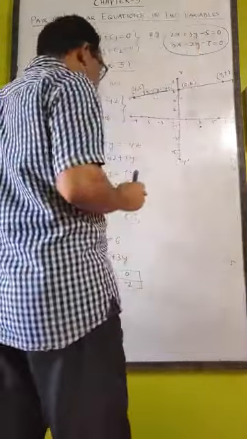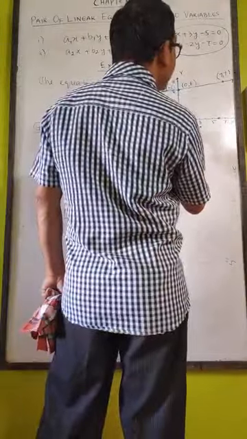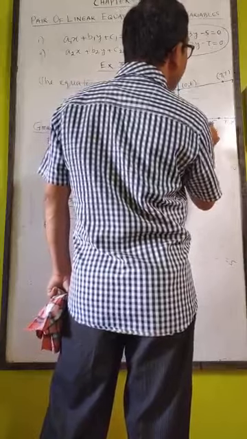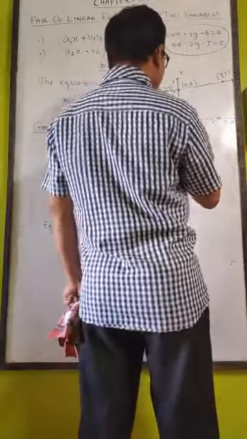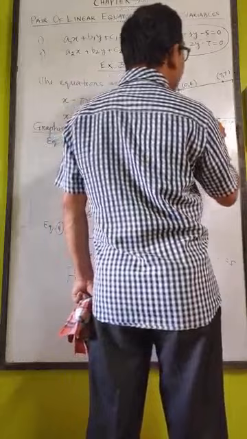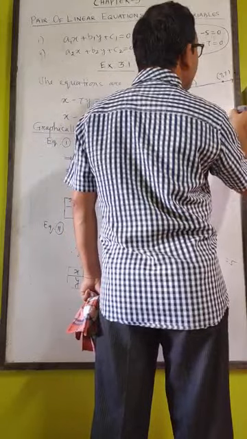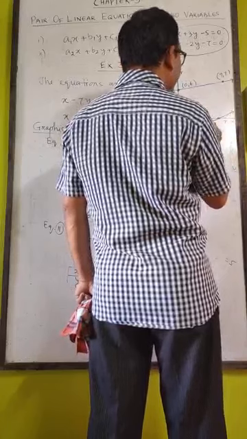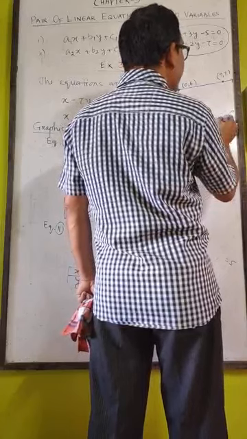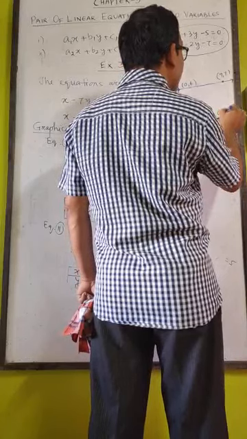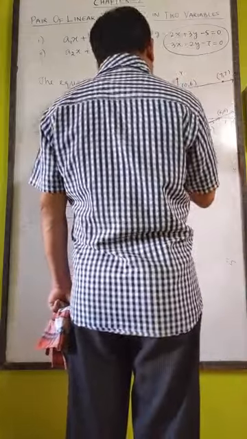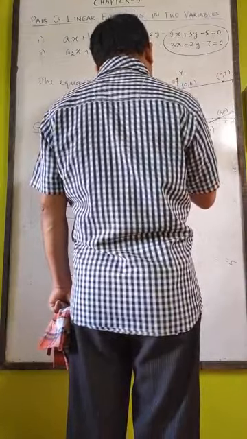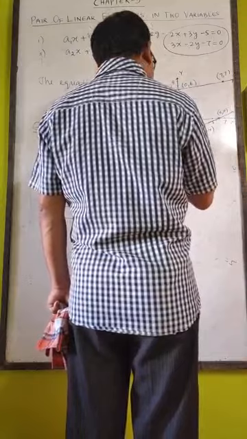And 0, minus 2. Okay, again the line will pass through these points. 0, 3, 3, minus 1. Okay, you write here the equation just next to the line.